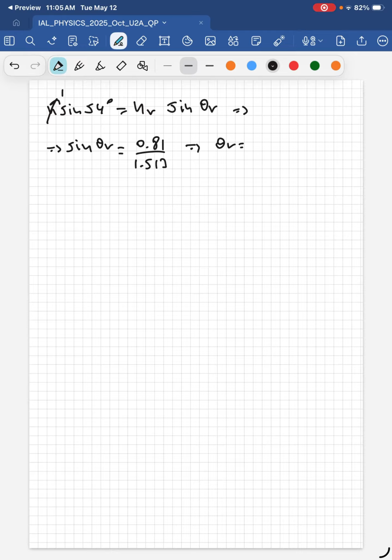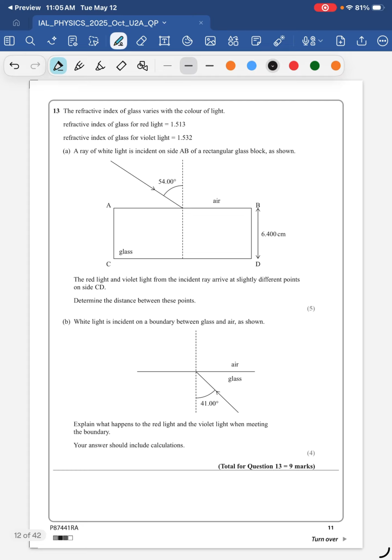So theta r is 32.32 degrees. We will do the same with violet light. So we will have 0.81 over 1.532. Okay, I hope it's clear. I did it a little bit fast. So theta for violet light is 31.92 degrees. So if we go back here, we see that the red light, actually let's use red.